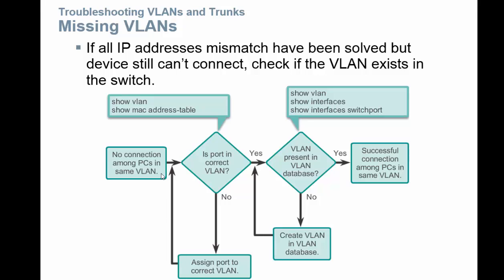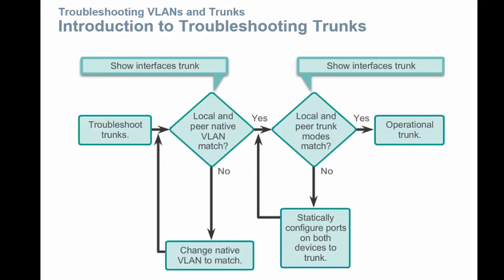Assign the port to the correct VLAN. If it is, is the VLAN present in the VLAN database? If not, create the VLAN in your VLAN database. We can see if it's present with the show vlan, the show interfaces, and the show interface switchport. So there are multiple ways that we can go about checking to see if we have things set up correctly.